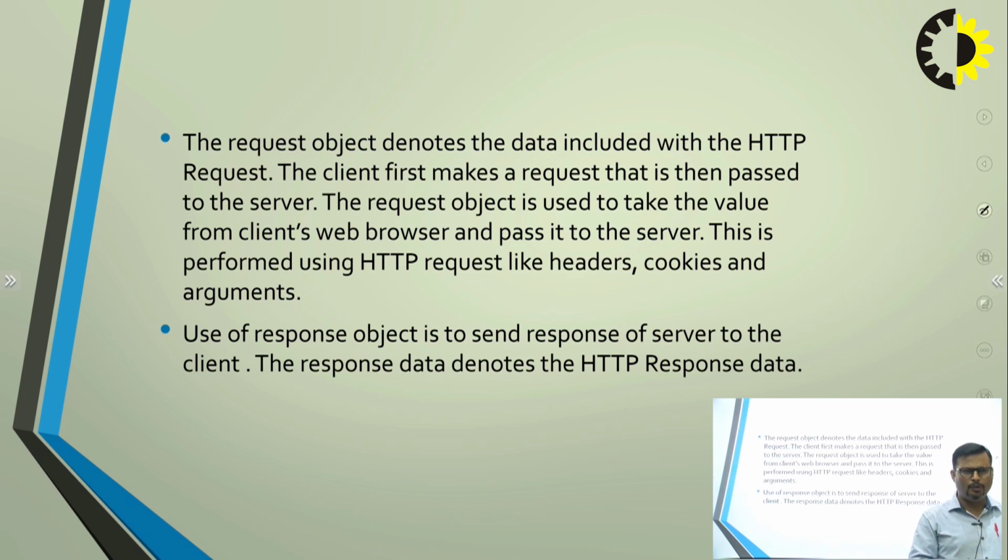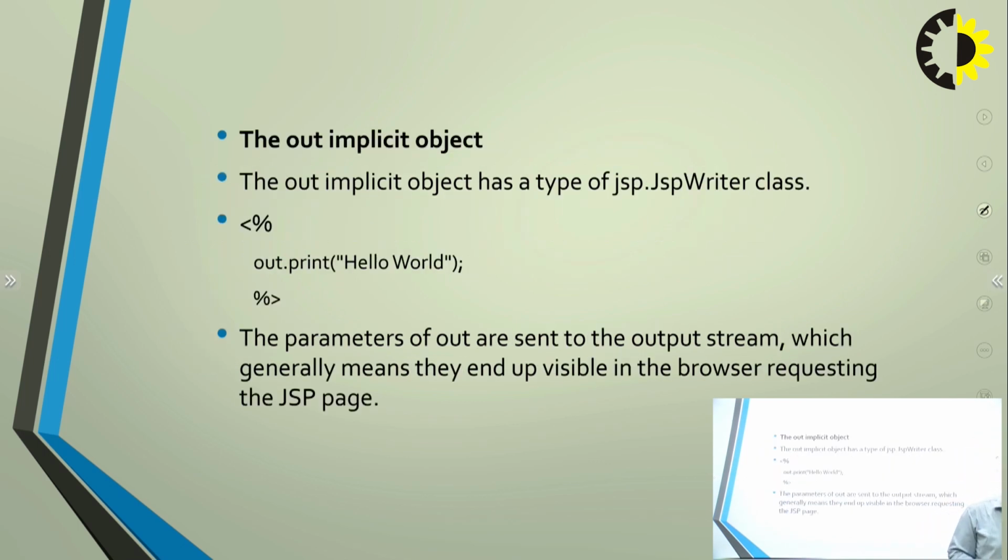This is performed using the HTTP request like headers, cookies and the arguments that will be passed. And the use of the response object is to send the response of the server to the client, where the response data denotes the HTTP response data.